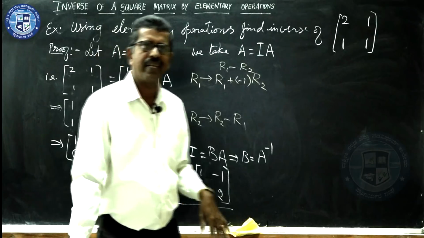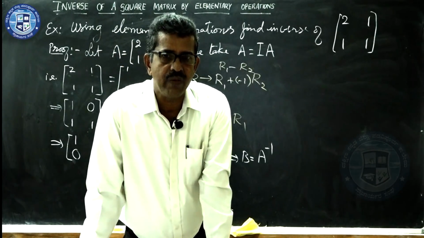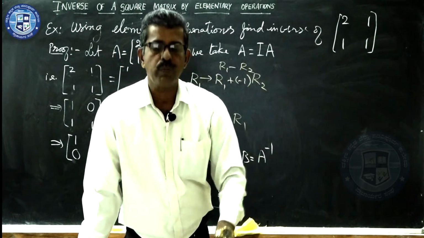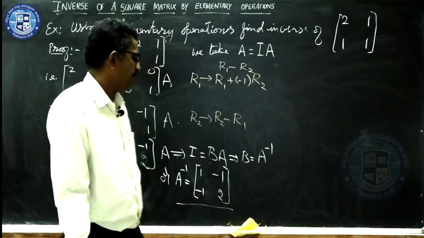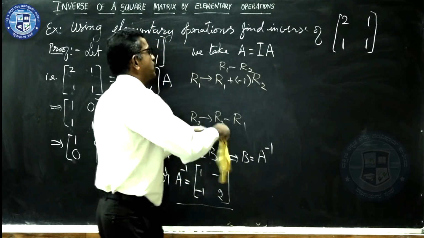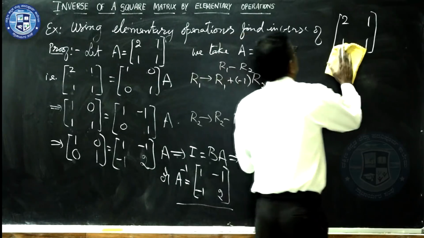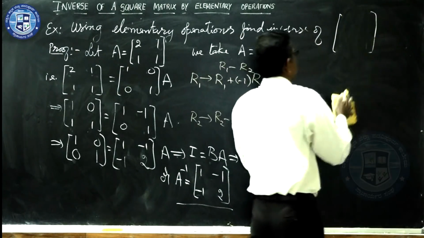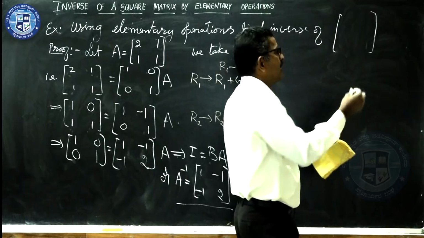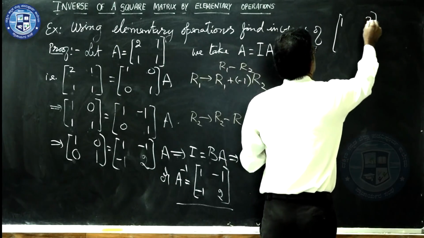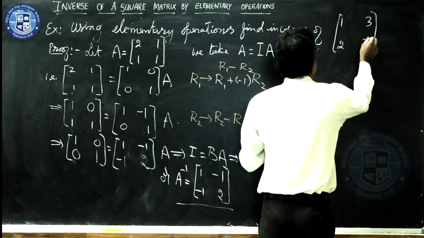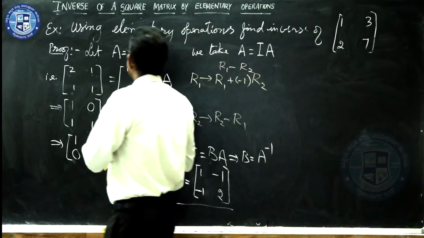I hope you got a clear idea about how to find the inverse of a 2 cross 2 matrix, but still, to be thorough, I will give a slightly more difficult problem. Find the inverse of a 2 cross 2 matrix. Once again, let me take the elements as 1, 3, 2, 7. So please think of it.